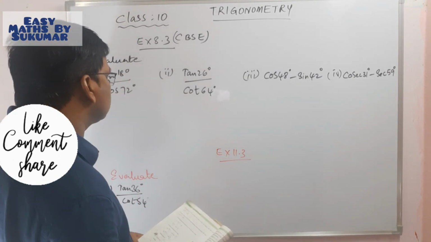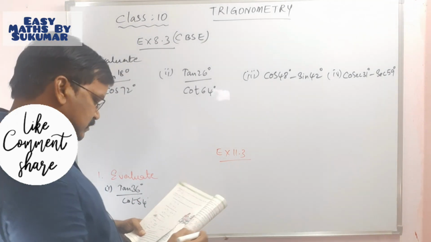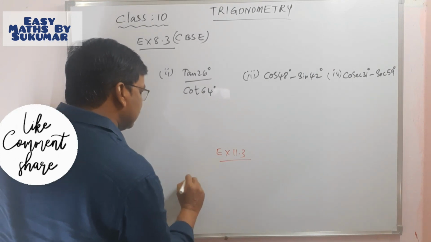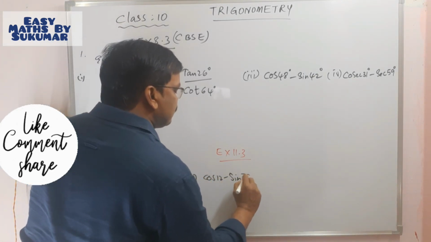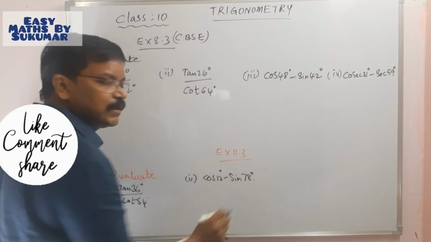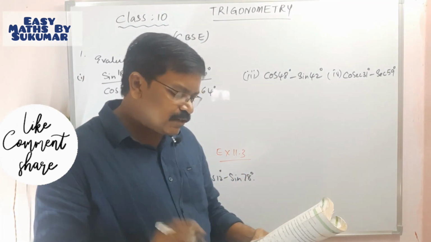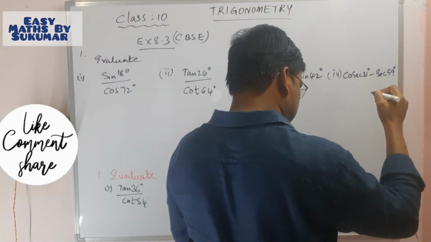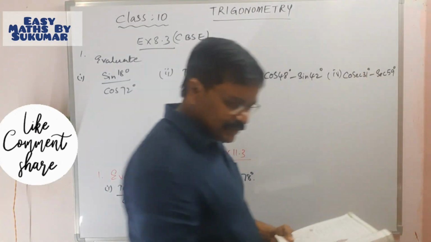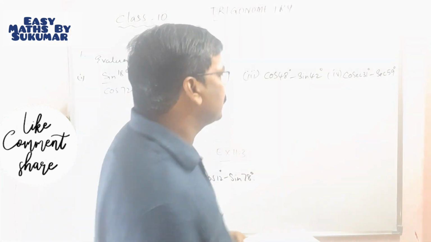And the second sum is cos 12 degrees minus sin 78 degrees. Okay, and the third one is cosecant 31 minus secant 59. This is the third sum for AP board students.